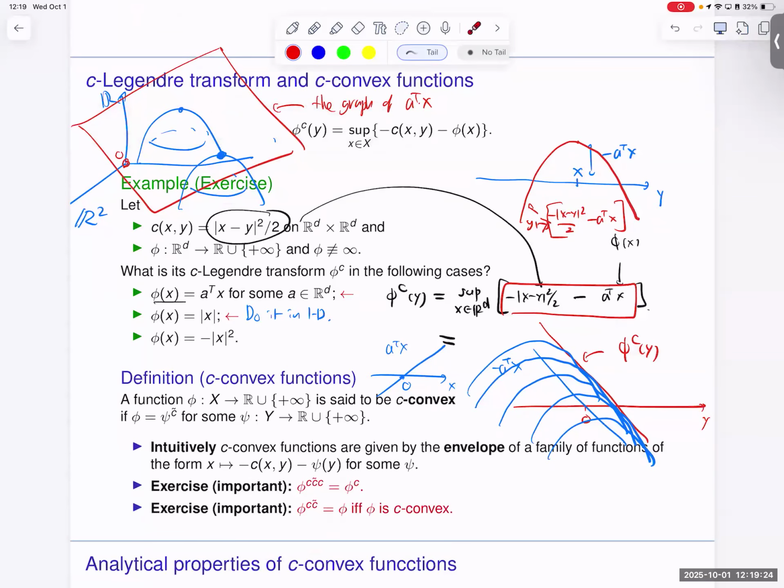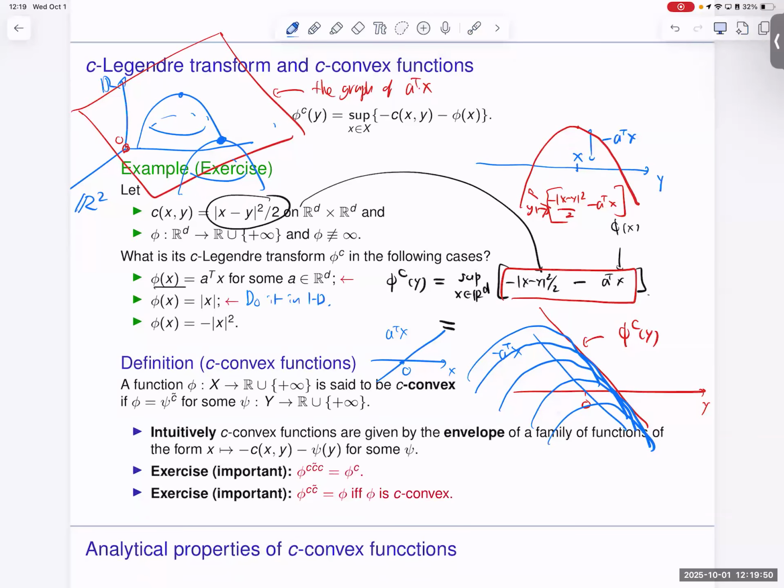Then you have the so-called C-convex functions. C-convex functions are nothing but the result of the C-Legendre transform. It's like convex functions are nothing but results of the Legendre transform. And then you have all the same properties as for the Legendre transform.